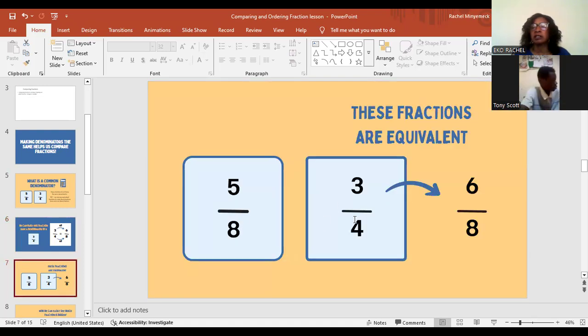Look at this. These fractions, are they equivalent? Yes. Okay, how can they be equivalent?